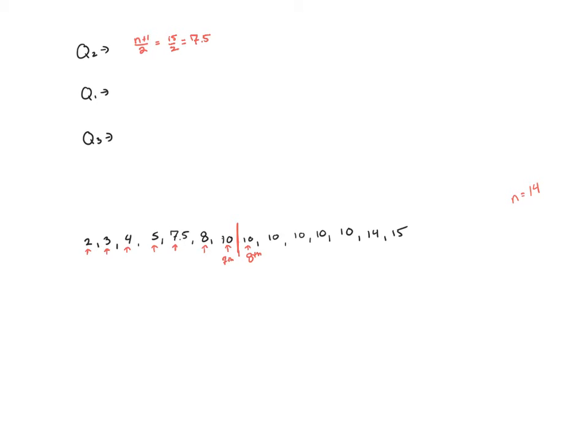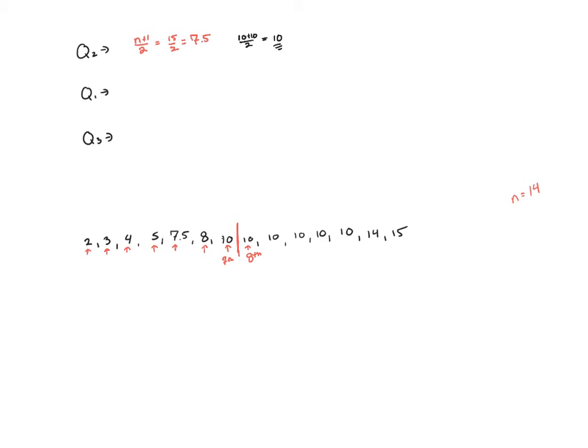That is, in this case, because I had an even number of entries, the median isn't actually a number in this set, it's in between two of those values. So my median in this case is between 10 and 10. Normally when the median is in between, we'd average those two values. It's kind of ridiculous for me to average 10 and 10 though, because it's just going to be 10. That is, my median in this case, Q2, is 10.